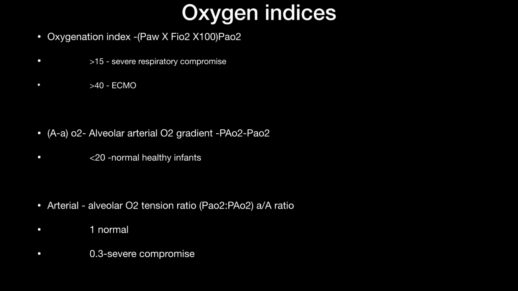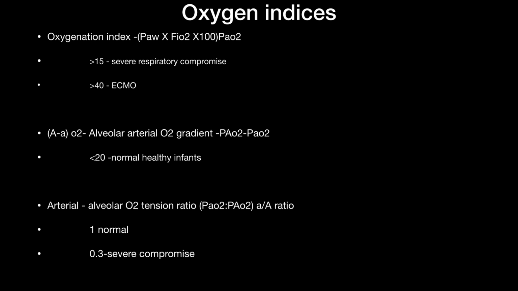In a healthy infant, the AaDO2 is less than 20 in room air. However, if the value is around 100 to 200, it means a moderate disease. More than 200 is severe disease. More than 400 to 600 means there is a high chance of mortality, and ECMO is indicated in this scenario.